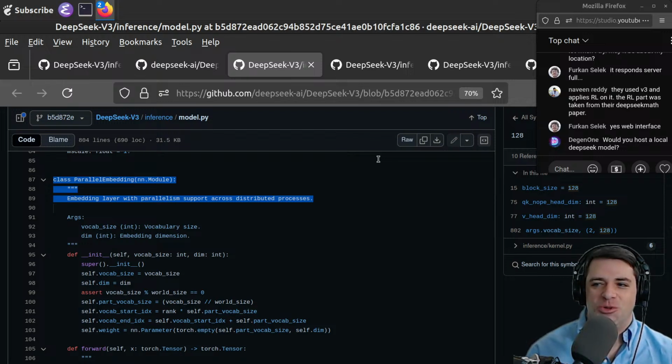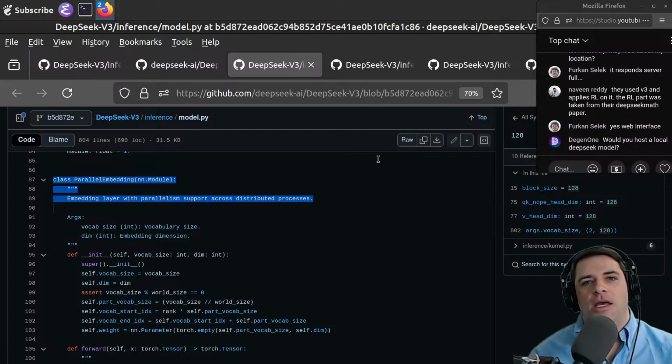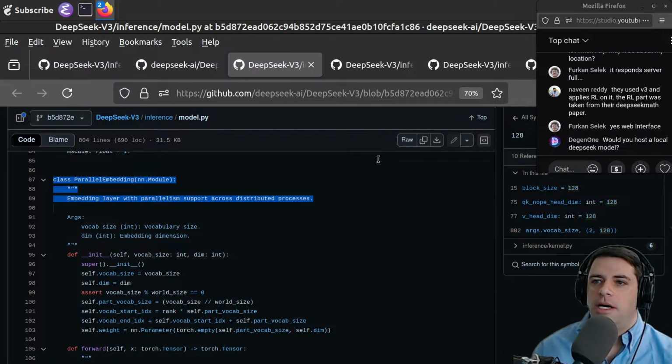I can run the distilled ones. I looked into what it would take to run a local one, and there's no one GPU that has the ability to host the full model.